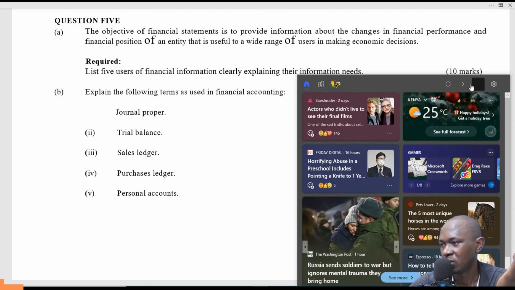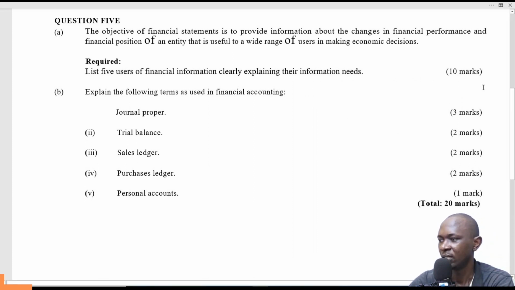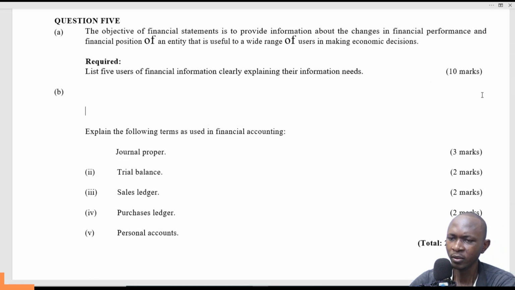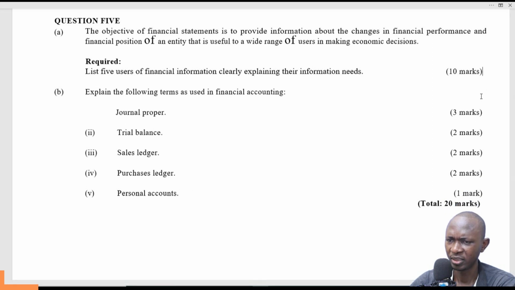So the question is: required, list 5 users of financial information, explaining their information needs. Now, this question we have answered so many times, and it's quite a straightforward question, so I'm not going to spend a lot of time on it.